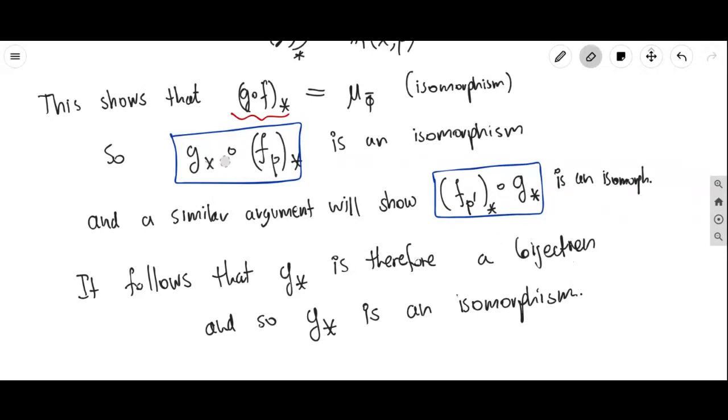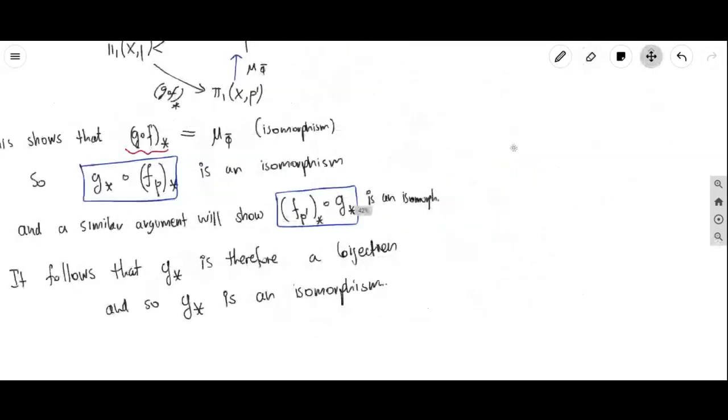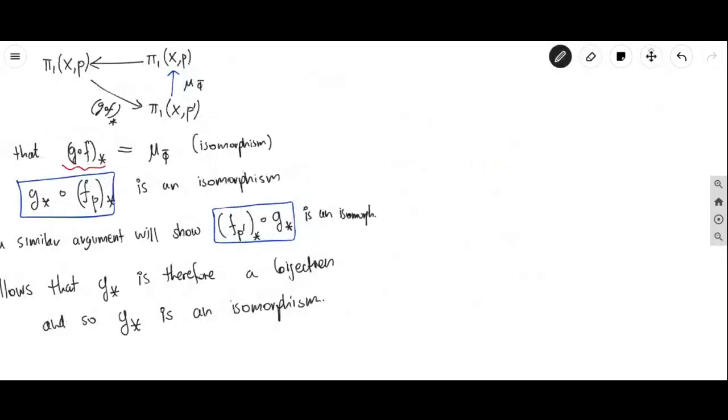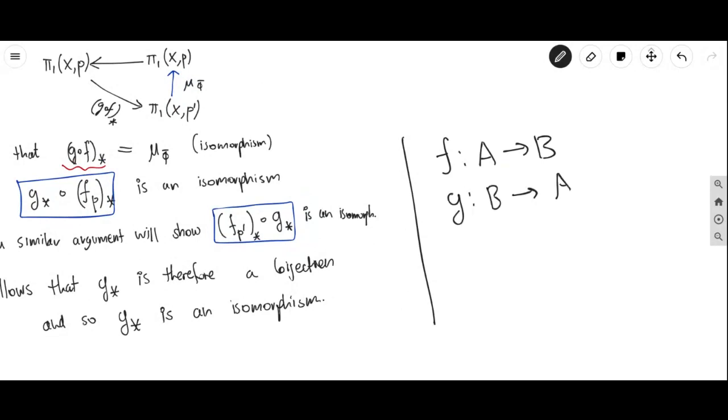You're basically using the following fact. Let's say you have a mapping from A to B, and then another mapping from B to A. Usually we say that G composed with F is the identity on A. But let's say instead of being the identity on A, this is a bijection, a map from A to A that you know is a bijection.